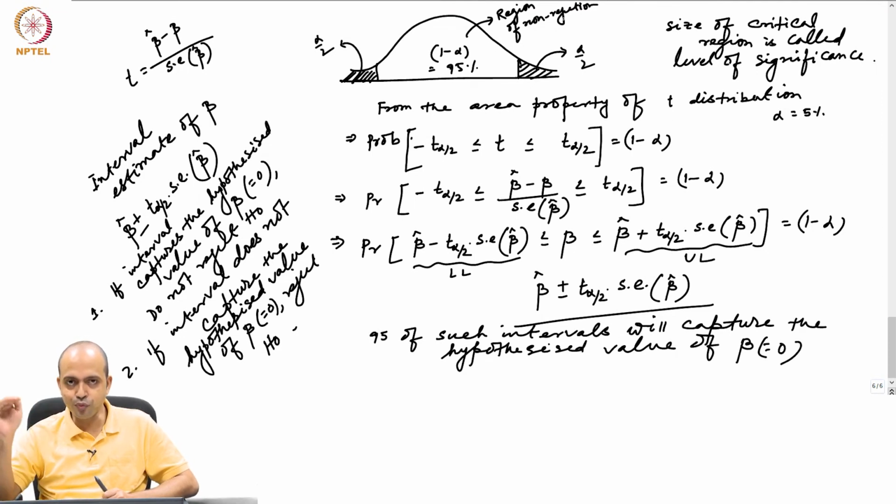So, the probability of committing type 1 error, the size of the critical region and the level of significance, these three terms are interrelated. So, when I say my variable is significant at the 5% level, that means I am rejecting the null, but I am committing 5 mistakes out of 100, and that is okay. I can afford that.